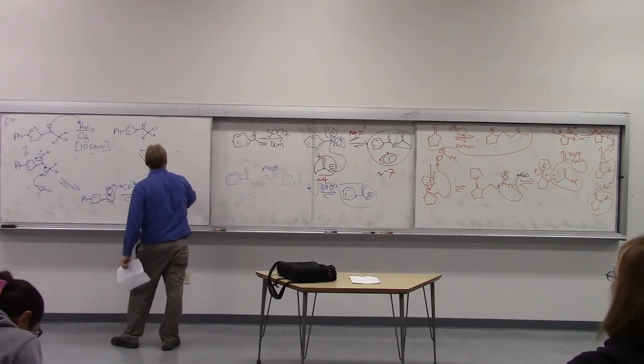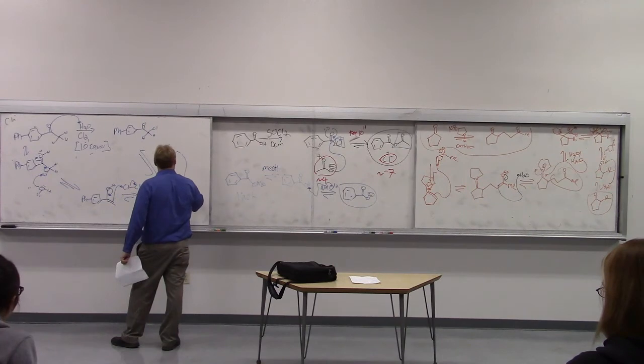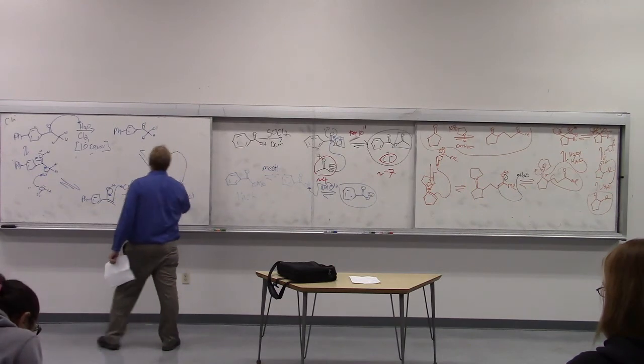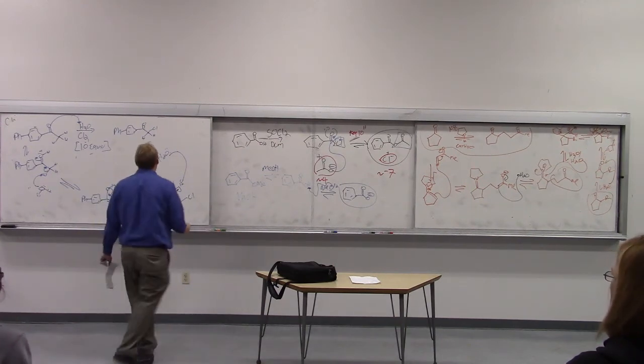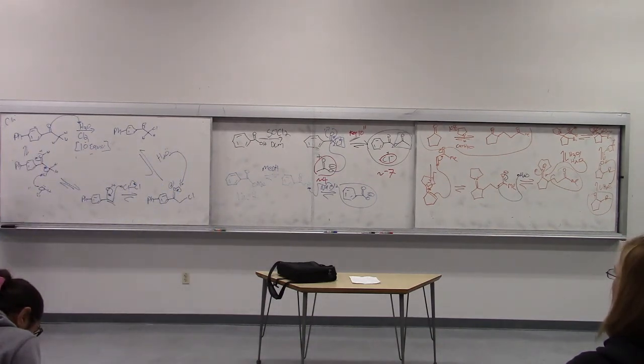And then we can just deprotonate our carbonyl with the endogenous water in the system to give us our monochlorinated product. We can also do this through a basic mechanism, right? Through the enolate rather than the enol.